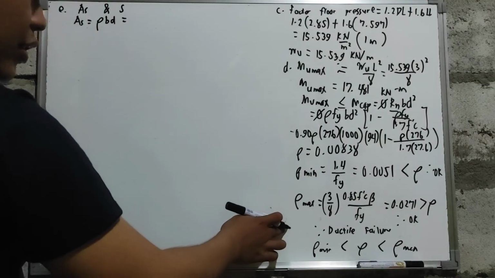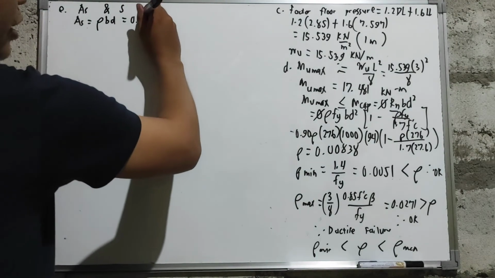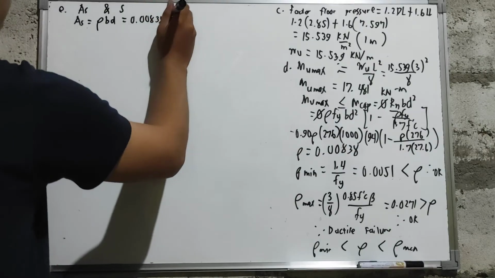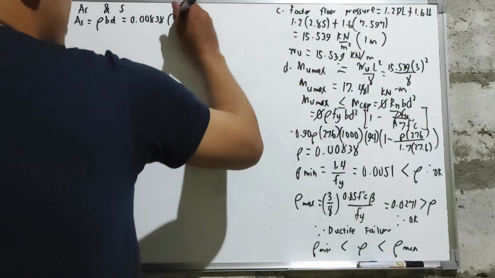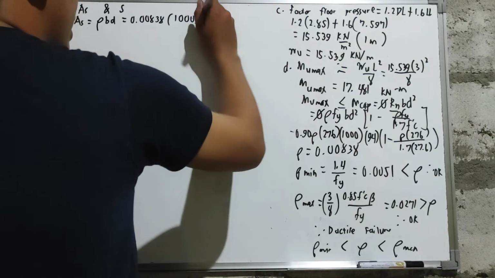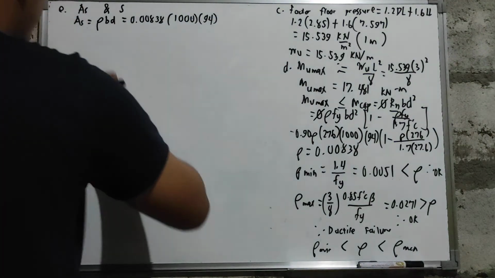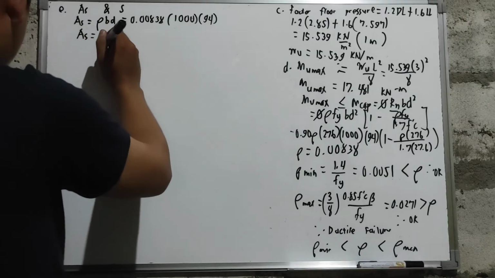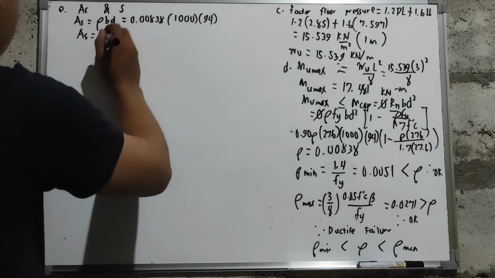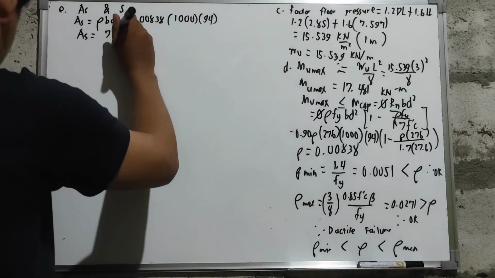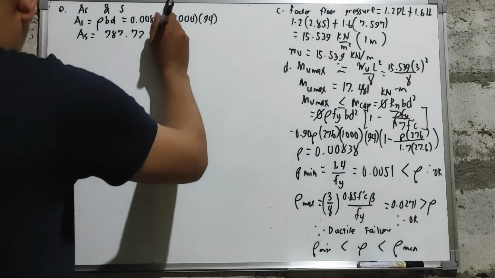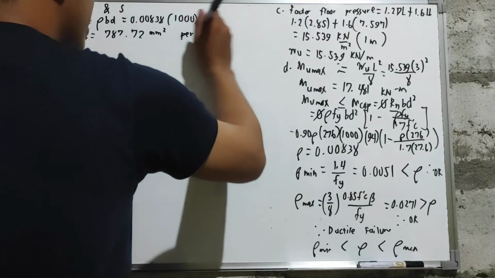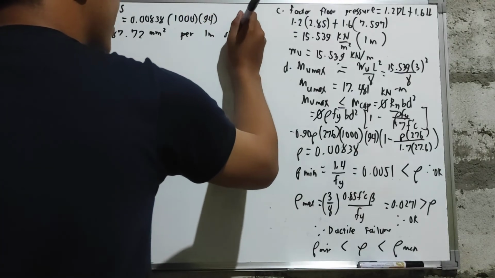So yung nakuha nating rho kanina na 0.00838, i-multiply natin yan to the value of your b, which is equal to 1 meter strip, kaya 1000 mm, multiplied by d na 94. So you have a value of your As, which is equal to 787.72 mm squared per 1 meter strip.